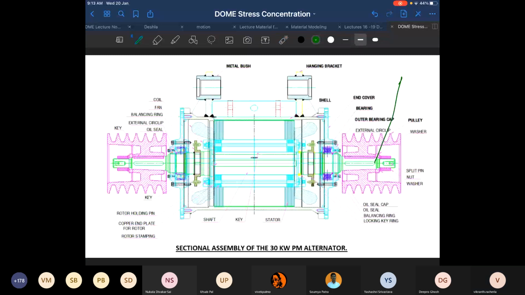What are all the things which are connected to the shaft? You can see that this is the pulley. Now, how is the shaft connected to the pulley?